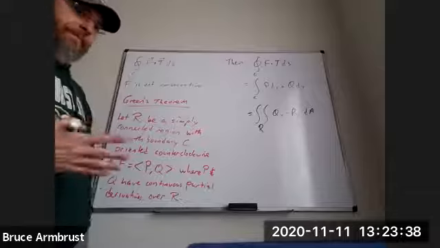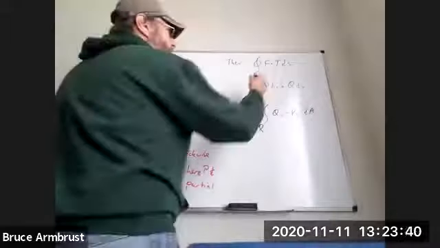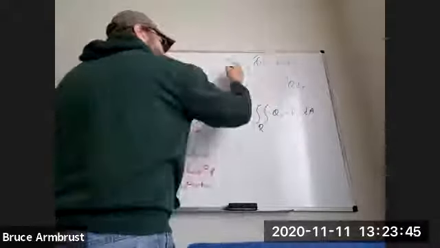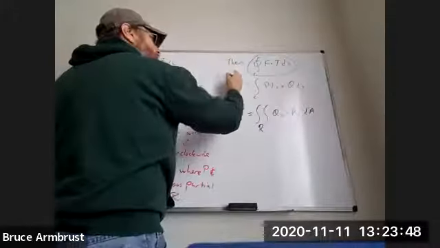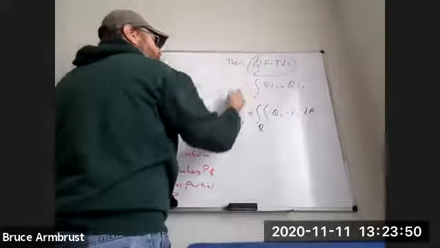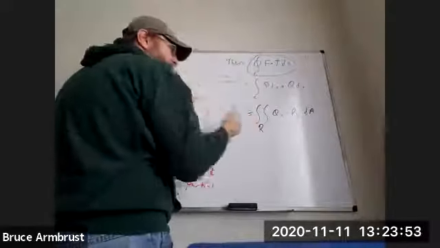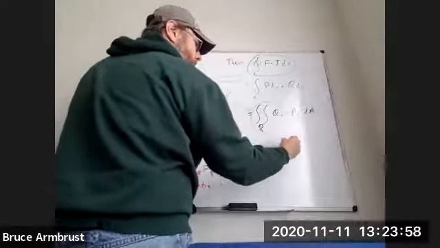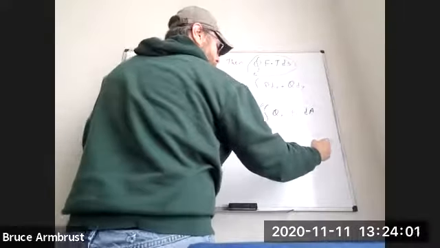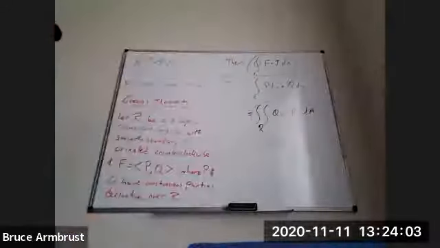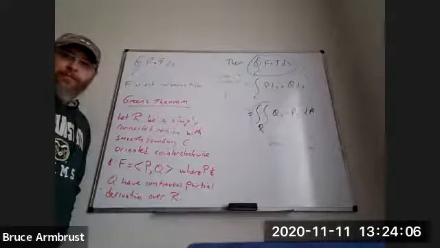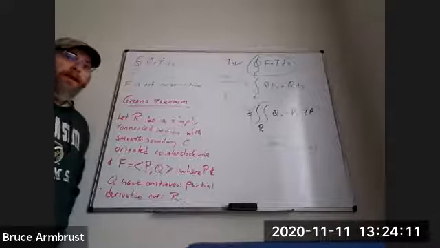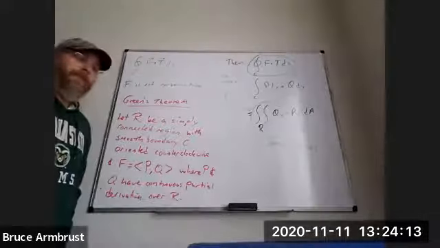Okay, so here's the deal. What Green's theorem does is it takes a line integral and turns it into a double integral. So basically, this is a way of linking this new kind of integral back to one that we already know.